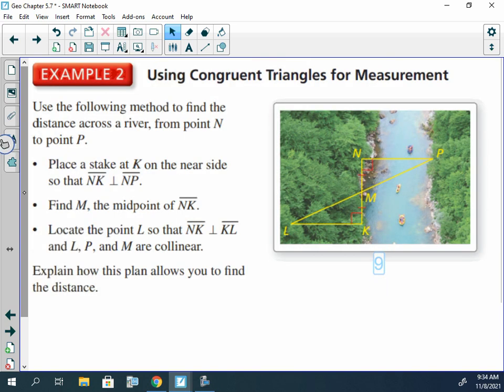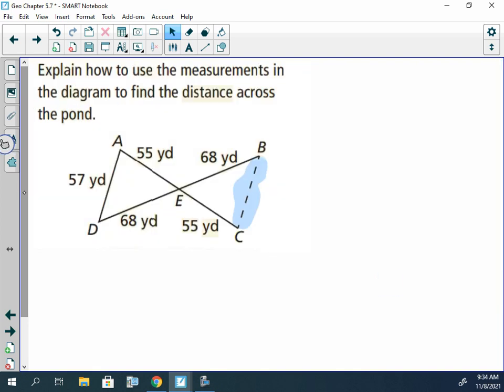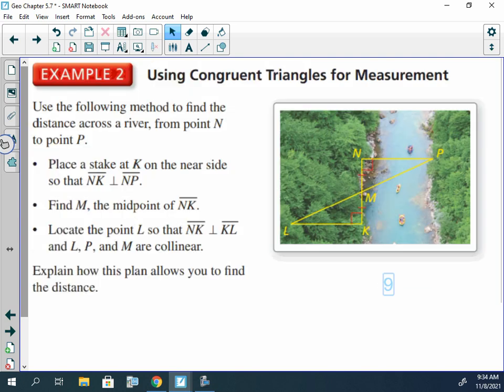Now this one here would probably be a hypotenuse leg, because if we could say that the hypotenuses are congruent, and we have one of the side lengths, then we could say it's true by hypotenuse leg. And it's really based off the fact that M is the endpoint of NK. Explain how you can find it.